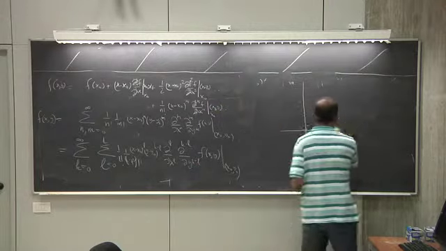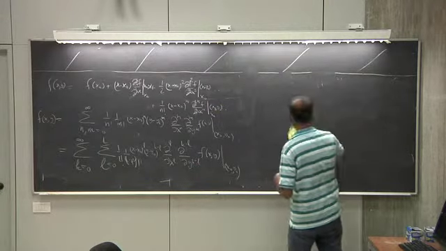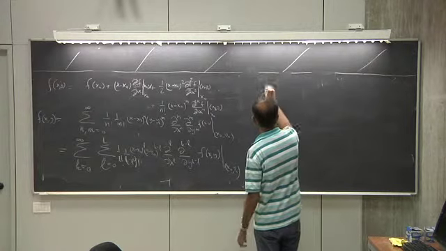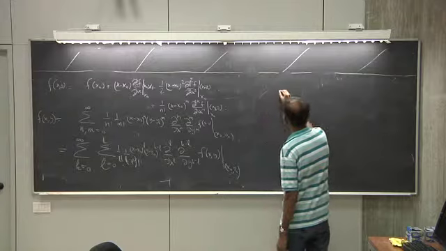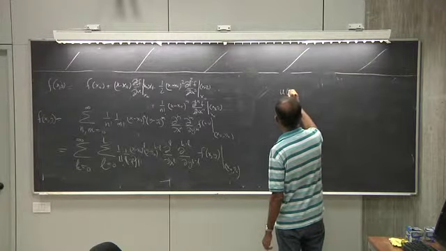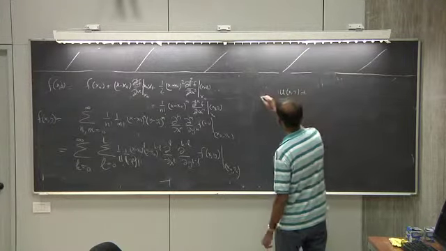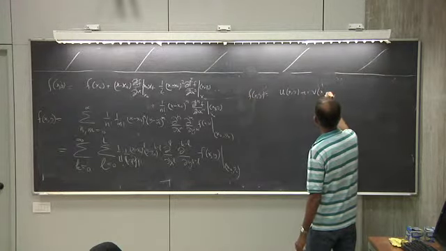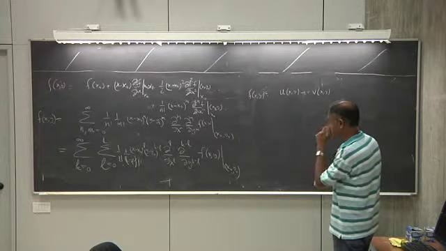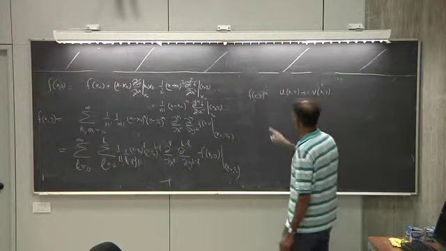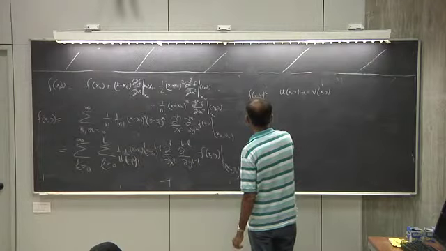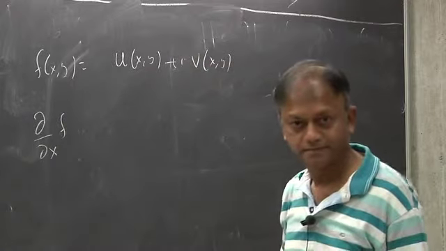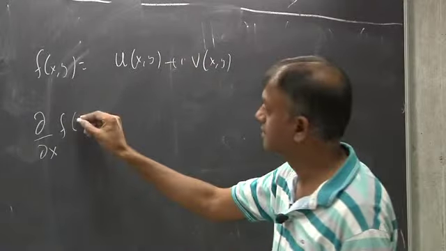But now I have to use the Cauchy-Riemann condition. So let's see how we can use it. Let's look at this object. f of xy is simply u of xy plus i v of xy, right? So let me take the partial derivative of f with respect to x.